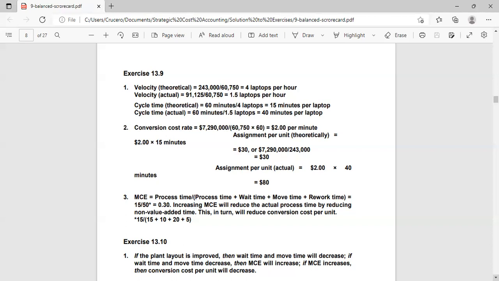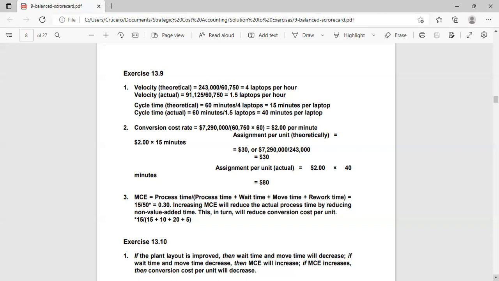Or we divide 7,290,000 by 60,750 times 10. That will be $2 per minute.